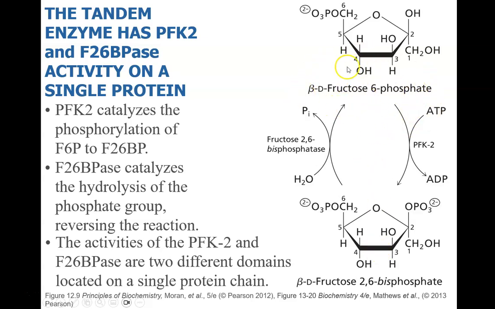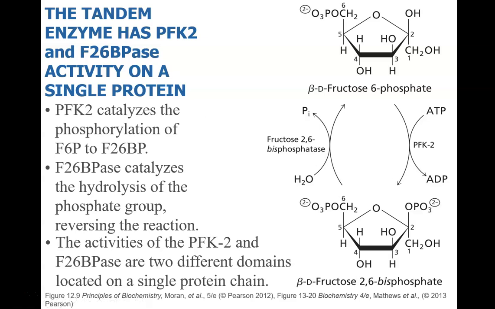So what we do is we just take a little extra fructose 6-phosphate from our glycolysis and gluconeogenesis pathway, and we'll use that to make the fructose 2,6-bisphosphate. In order to do that, we'll need to phosphorylate the number 2 hydroxyl group, and we'll need PFK2 to do that. To carry out the reverse, we would use a phosphatase, and again, phosphatases catalyze the hydrolysis of a phosphate group, and that brings us back to fructose 6-phosphate.